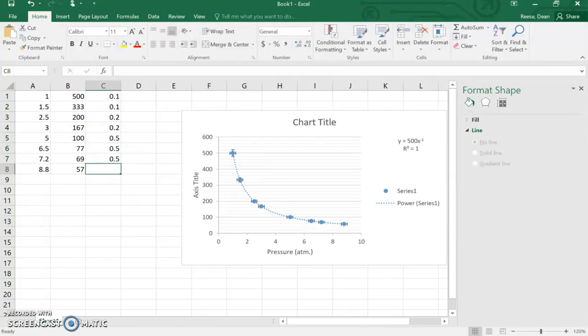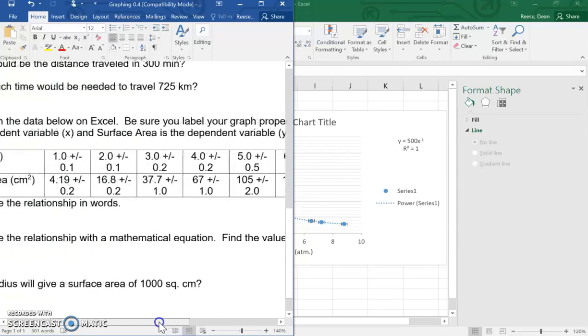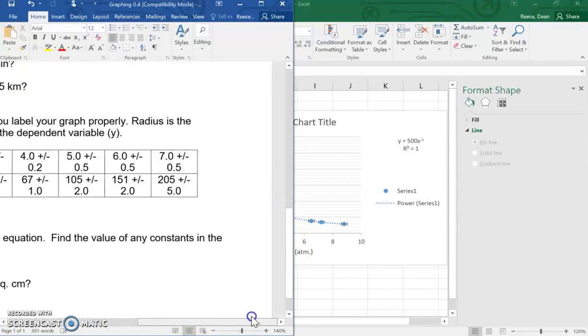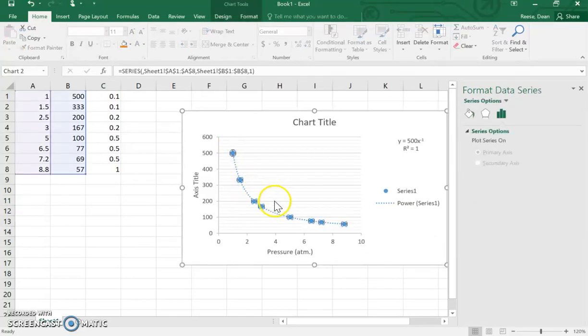I'm getting something off real quick. Oh, okay, there's just less data in this one. Anyway, let's say this one is 1. Now we're going to highlight the horizontal error bars again.